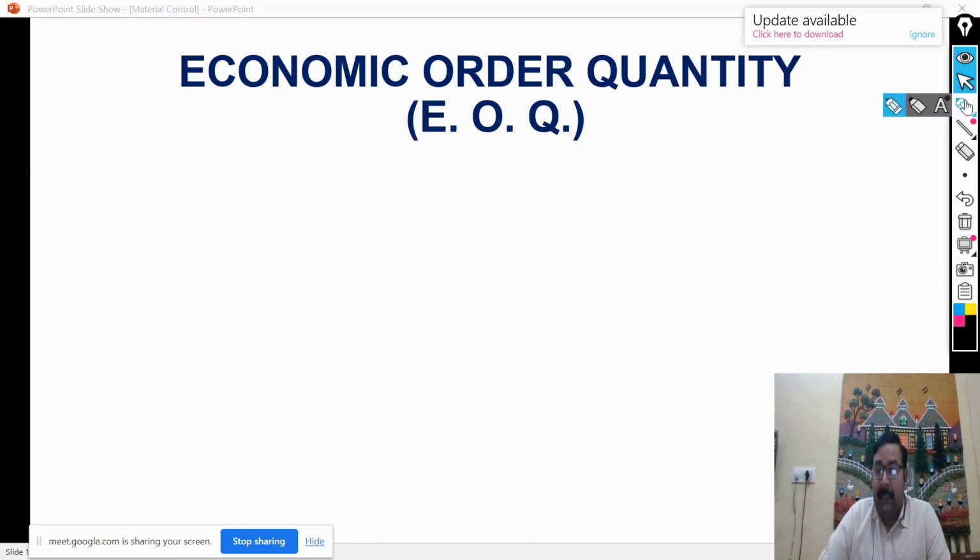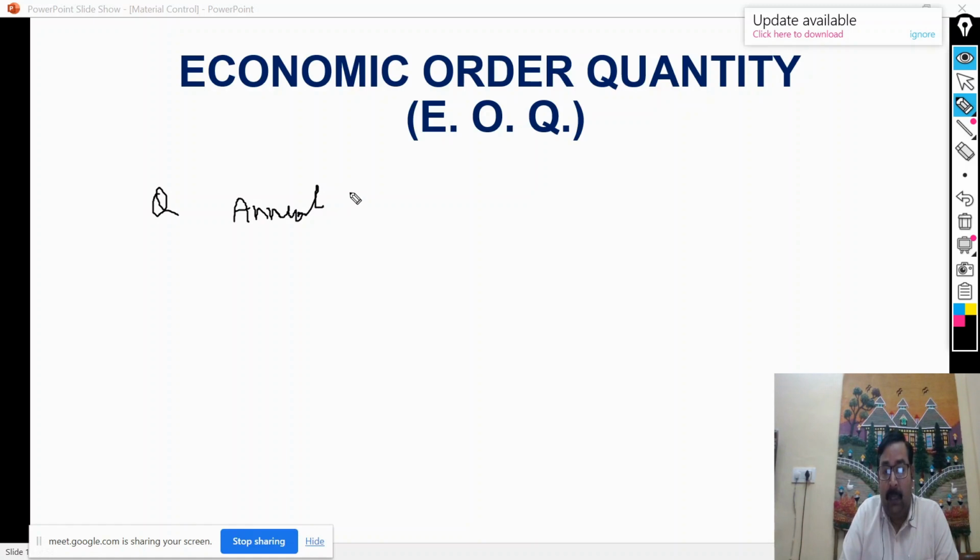Economic order quantity is based on the assumption that, if we know, the question is, our annual consumption is equal to 3600 units.